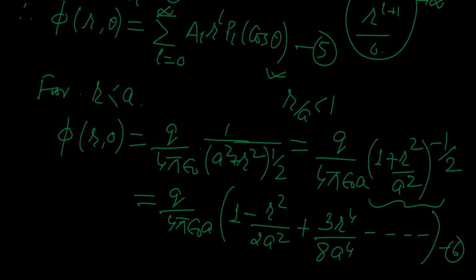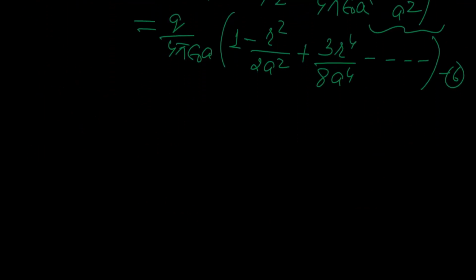Let us see here. When you make theta 0, PL of cos theta will be PL of 1. And as I have told you in the first case, PL of 1 is equal to 1 for any value of L. So let us expand equation number 5, taking the value of theta equal to 0.